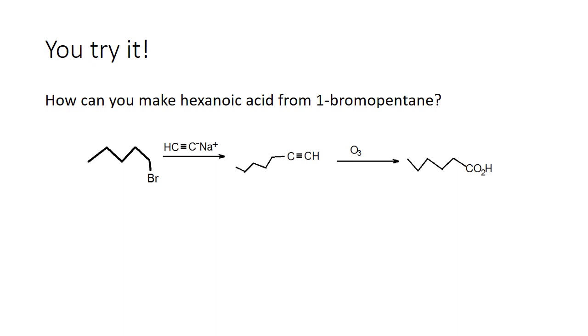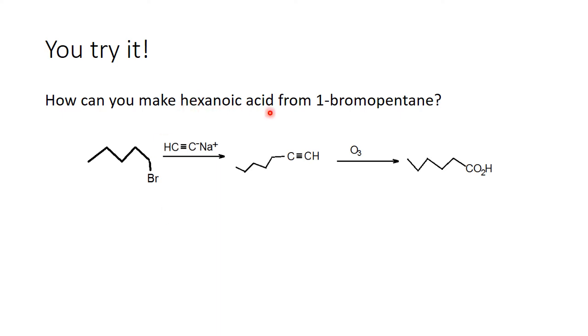That's going to give us heptyne: 1, 2, 3, 4, 5, 6, 7 carbons. Well, that's not hexyne. We need to remove one of those carbons. So what I can do is oxidative cleavage with ozone, and that's going to give us the carboxylic acid.